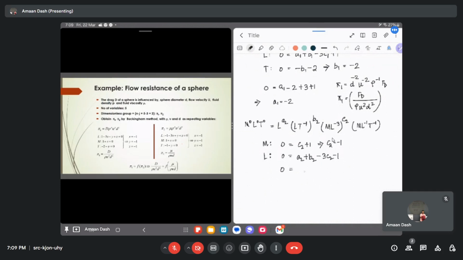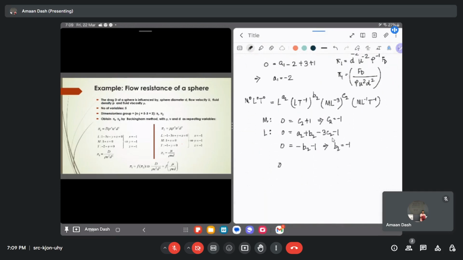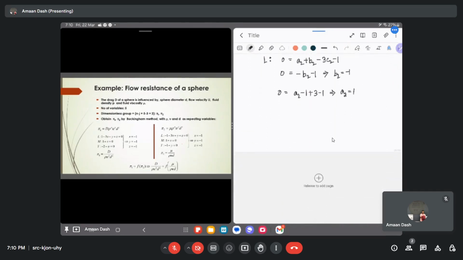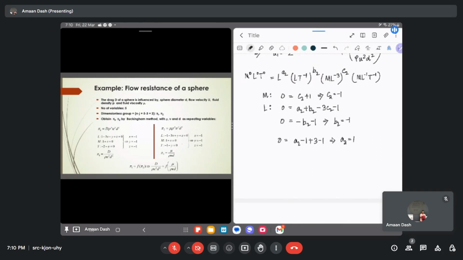And for t, we see minus b2 and we have minus 1. This implies we have b2 is equal to minus 1. So 0 is equal to a2 minus 1 plus 3 minus 1. So 3 minus 2, that is 1. Therefore, a2 is equal to, sorry, a2 is equal to minus 1.